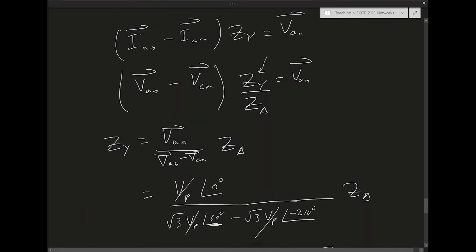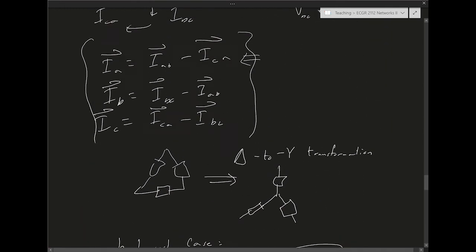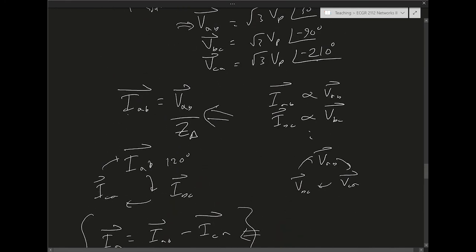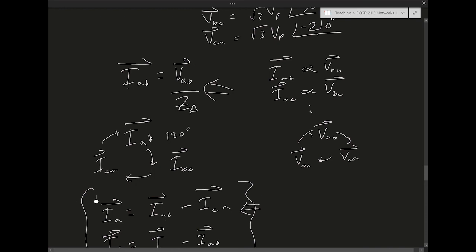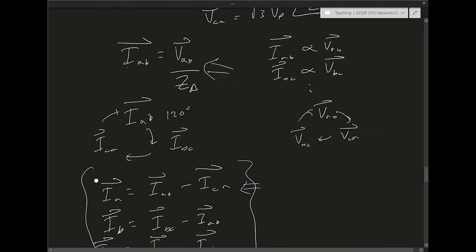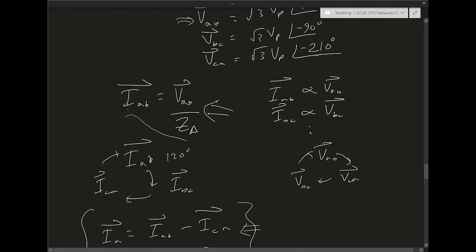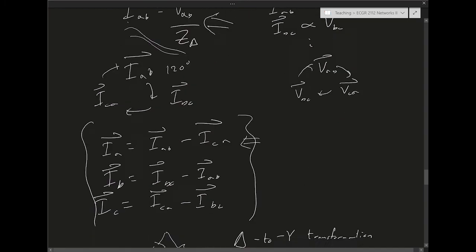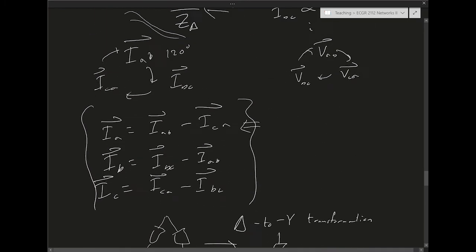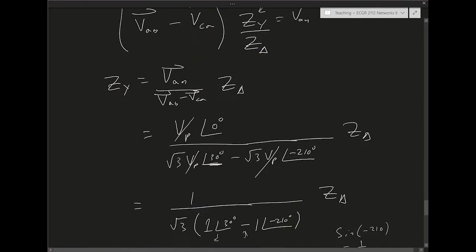We have the equation above: Z delta is just VAB over IAB. So the magnitude of Z delta is the magnitude of VAB, which is the line to line voltage, over the magnitude of the delta current. So it's the magnitude of the voltage over the current.